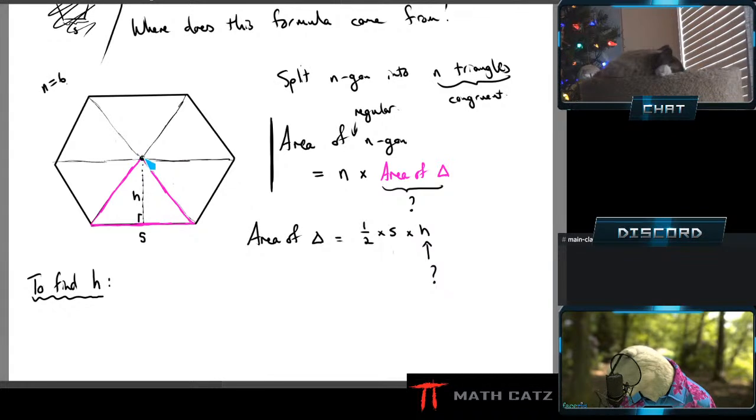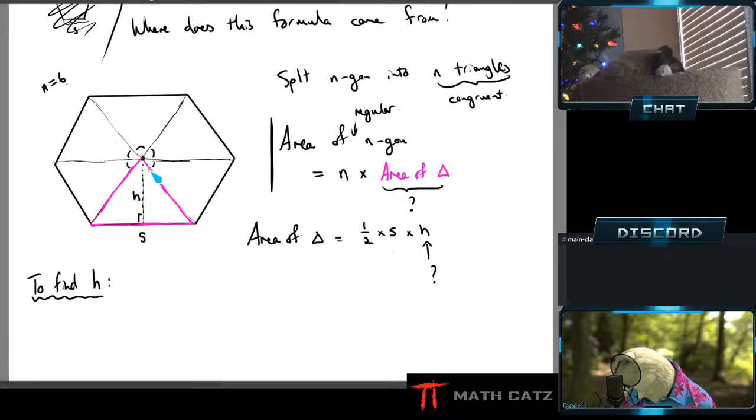If I go around this center point, all the way around is 360 degrees, right? But I have one triangle, two triangles, three triangles, four triangles, five triangles, six triangles, all contributing to this 360-degree full rotation angle. This one contributes the same amount as this one, the same amount as that one, as well as the pink one.